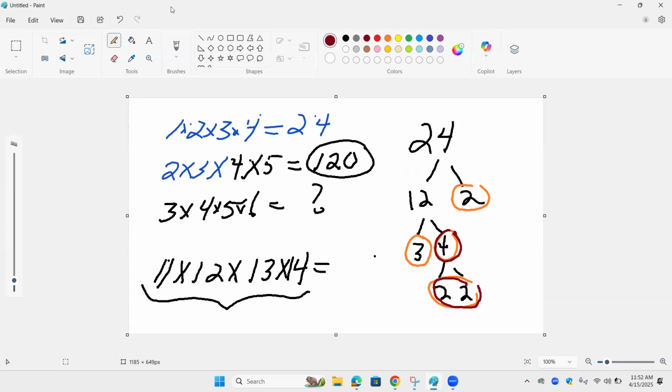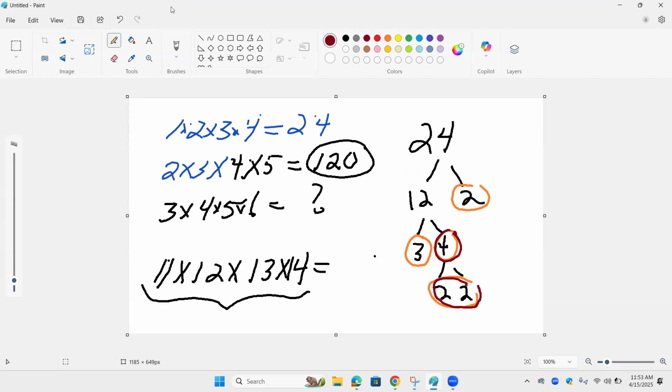Okay. So notice if you have four numbers in a row, let's take a step back.